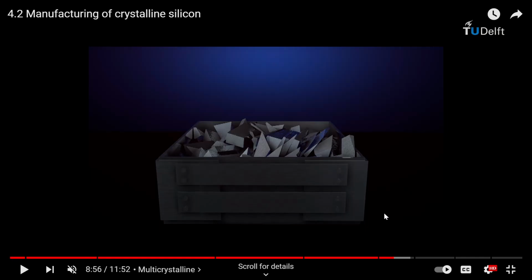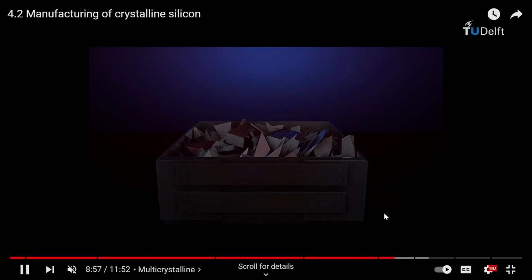We just heat the leftovers from these processes, which have high purity. It's not impure silicon, it is also pure silicon, but the order of atoms is not the same across the entire slab. Here we are just heating it and then cooling it.